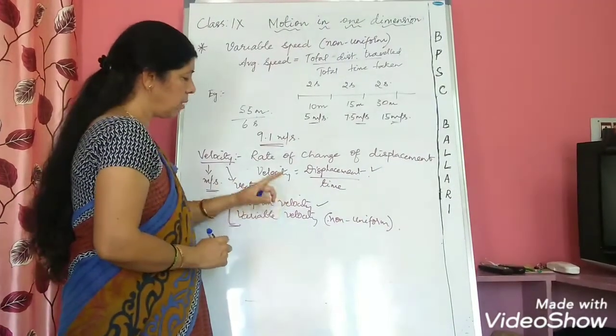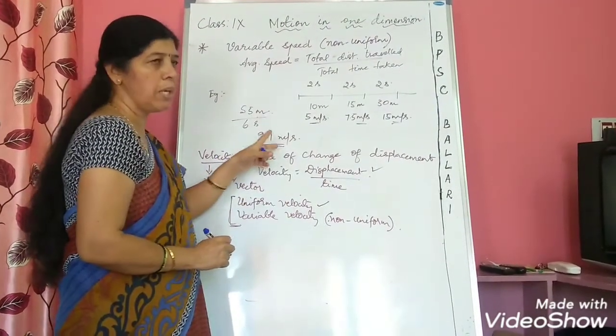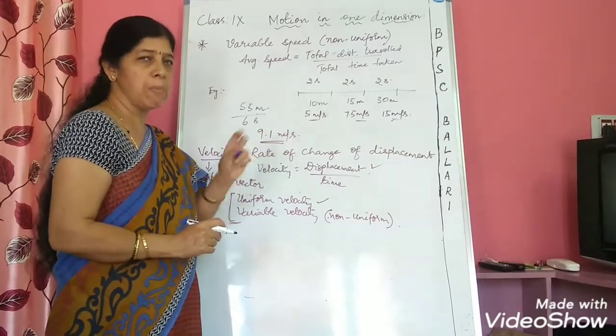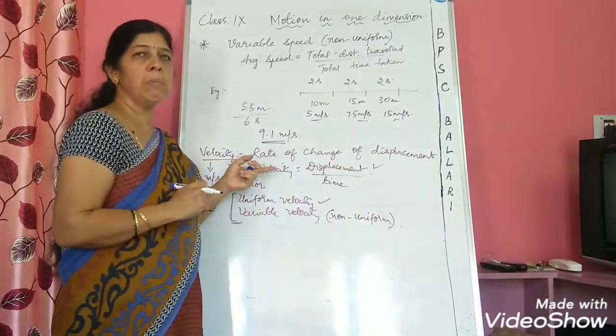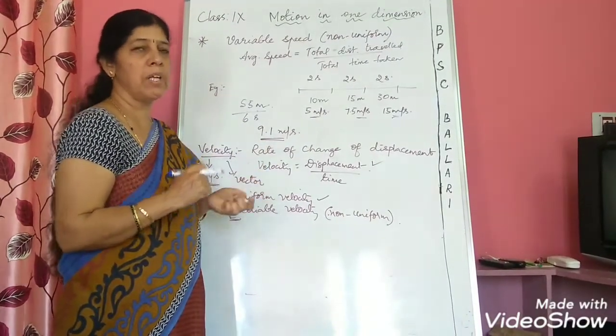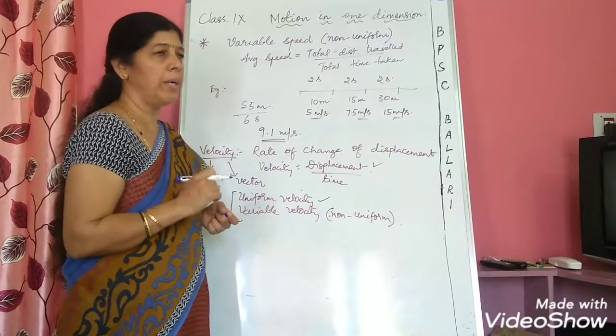So what is the main difference between velocity and speed? Velocity is nothing but speed, but we are specifying the direction. And one more thing to remember, speed is a scalar quantity, whereas velocity is a vector quantity.